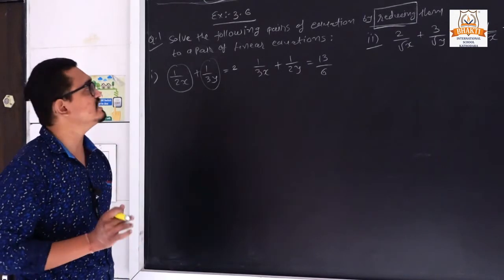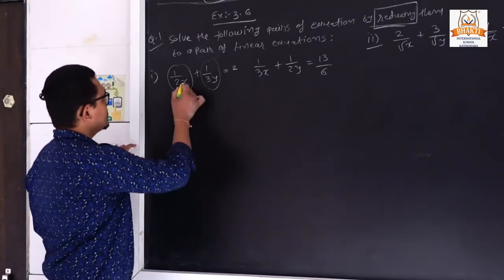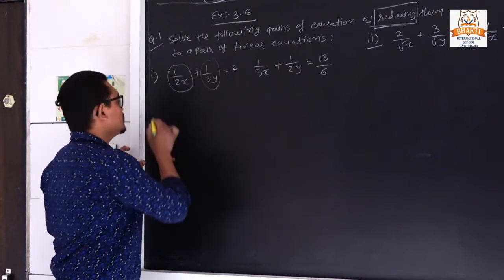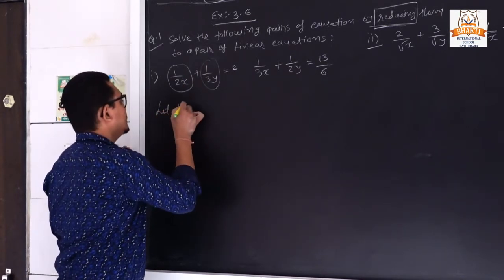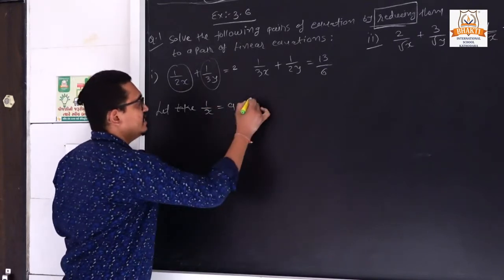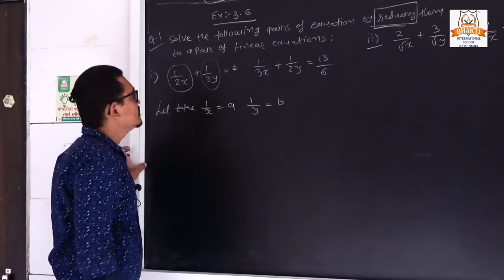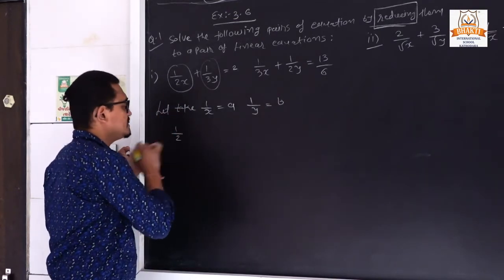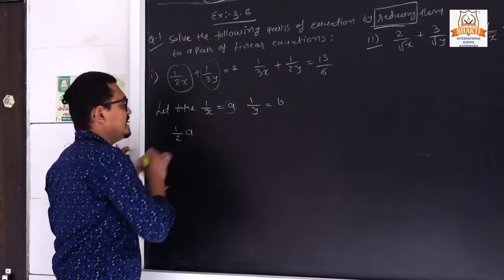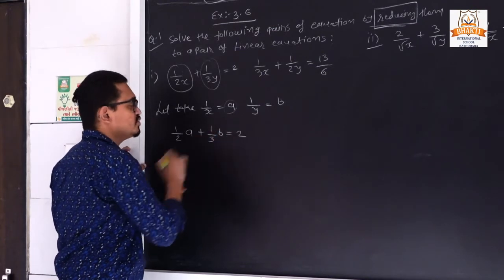First of all, see how we can convert it into the reducible form. Here we have 1 upon x and here 1 upon y. So let 1 upon x be equal to a and 1 upon y be equal to b. Then 1 by 2 is as usual, and for 1 upon x we take a, then 1 by 3b is equal to 2.